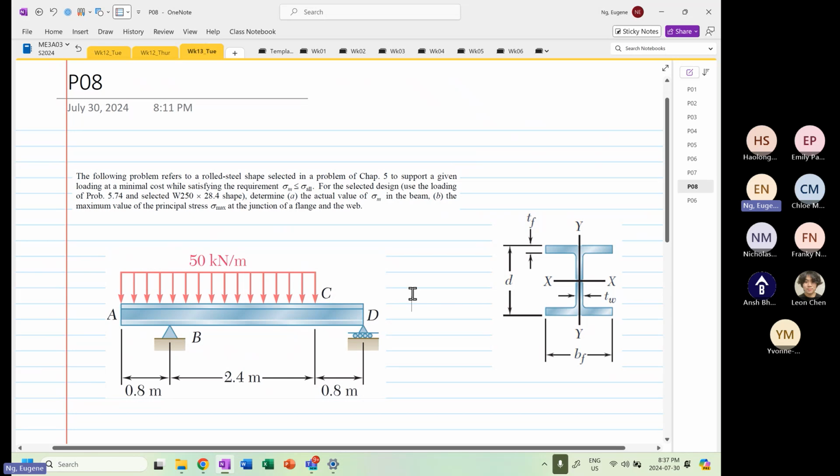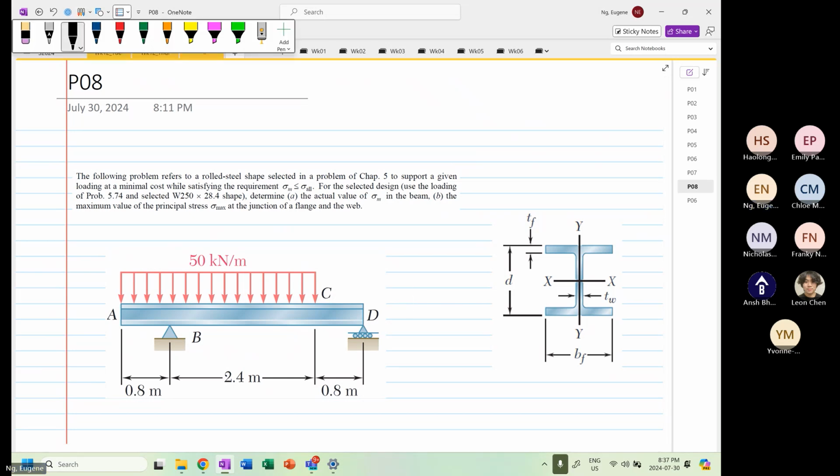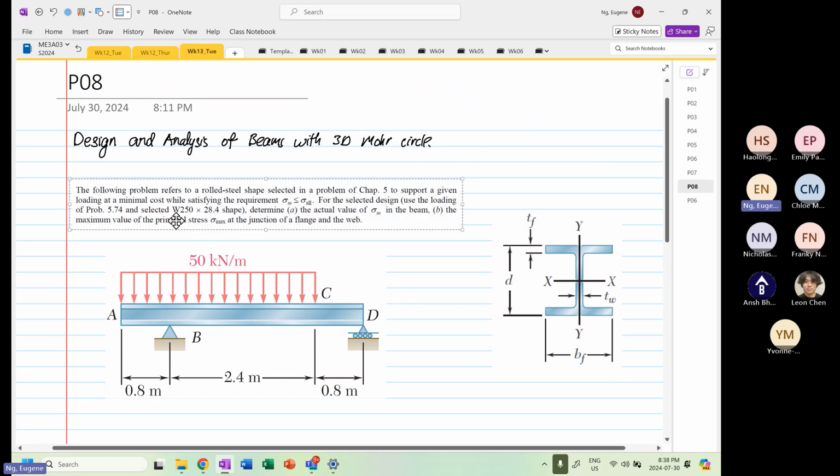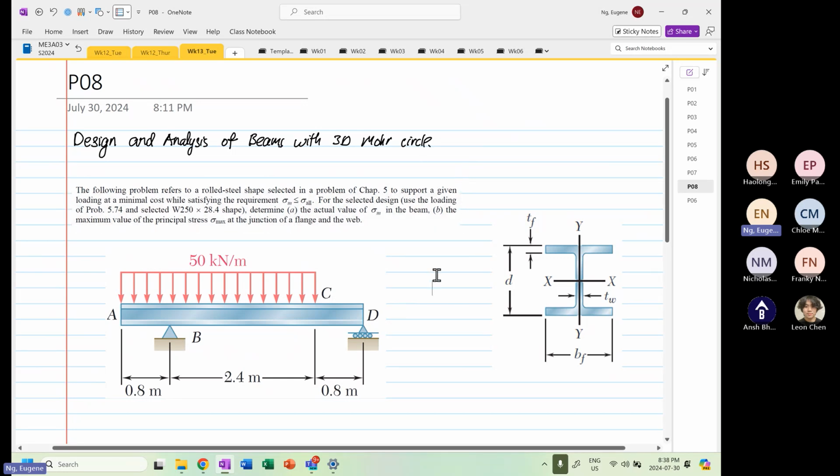We are going into design and analysis of beams with 3D Mohr's circle. Okay, so let's look at the example over here. As I said, we are going to apply whatever we have learned. Okay, let's look at the example.